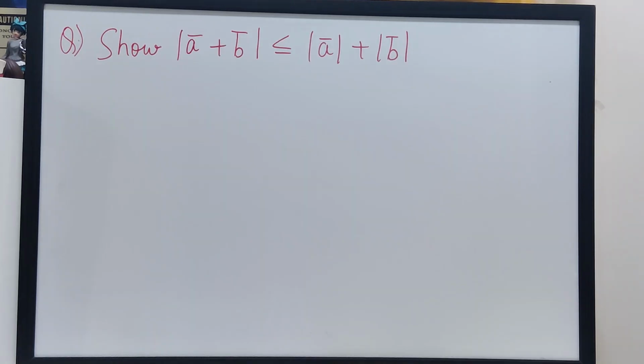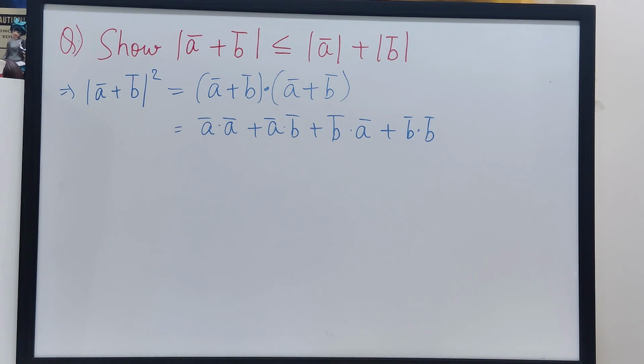Next question, you have to show that |A plus B| is less than or equal to |A| plus |B|. So let's do |A plus B| square. That gives us (A plus B) dot (A plus B).